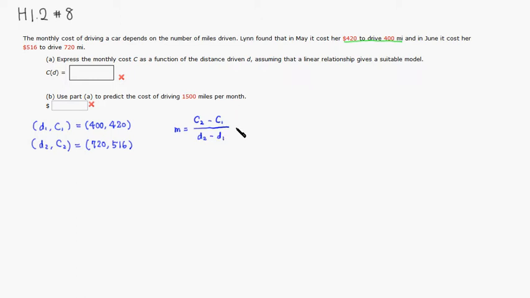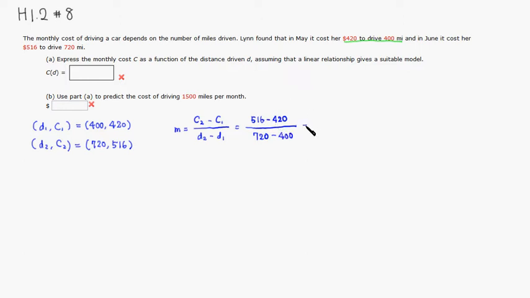Then we just have to crunch numbers. C2 is 516 and C1 is 420, and D2 is 720 minus D1, which is 400.